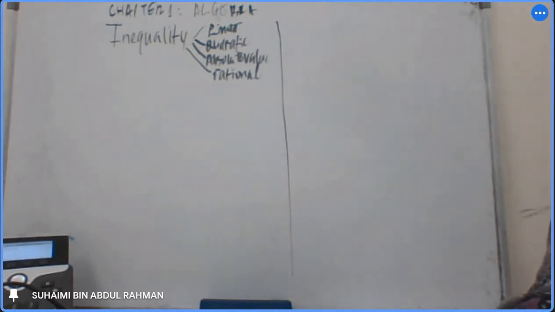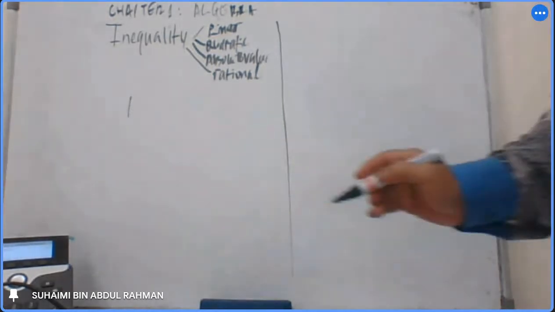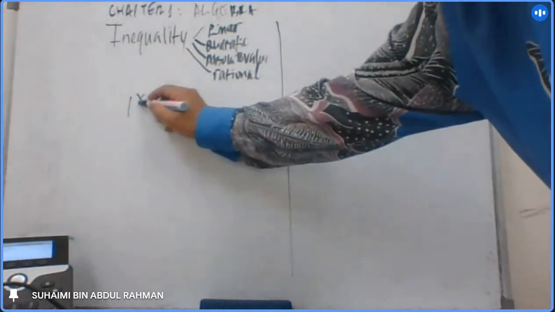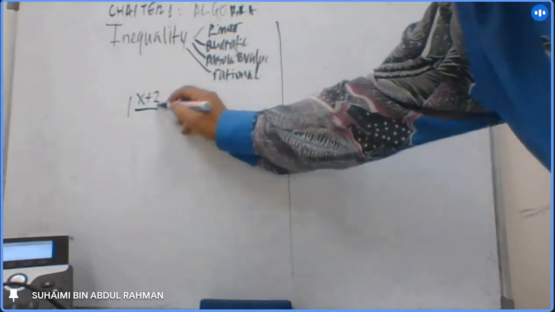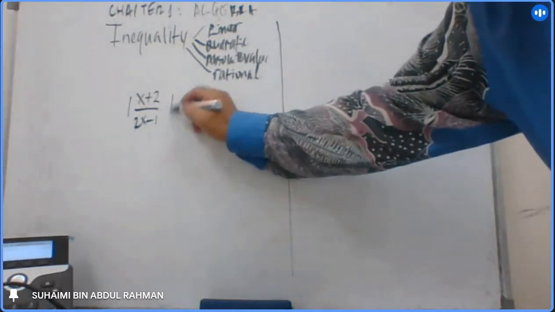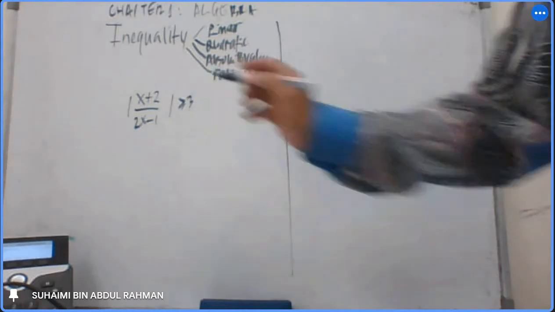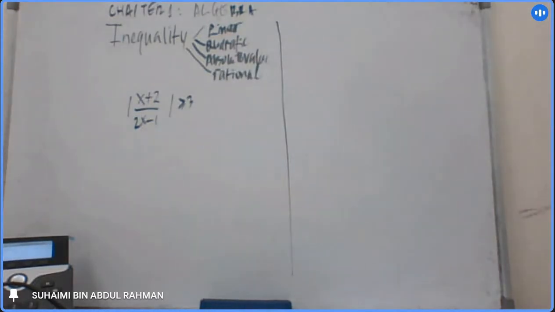Let's say we want to solve this: the absolute value of x plus 2 over 2x minus 1 is greater than or equal to 3.